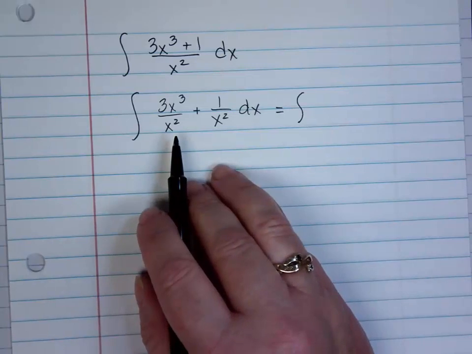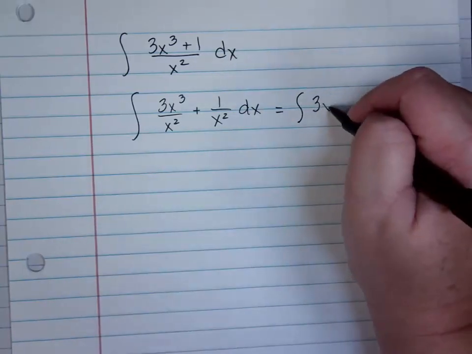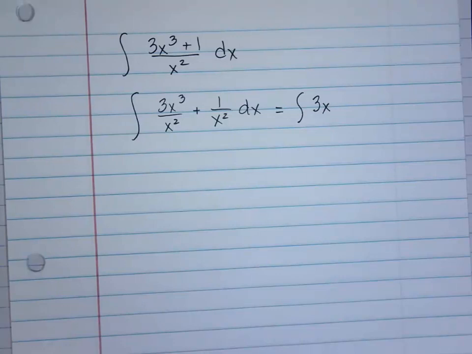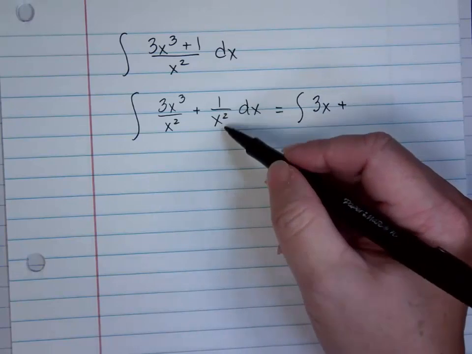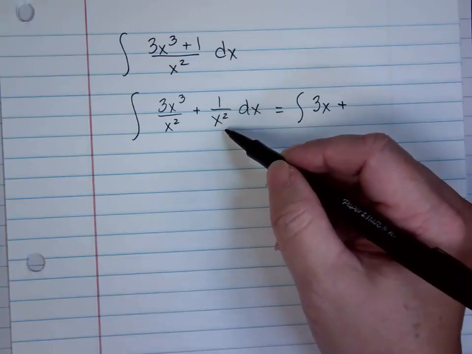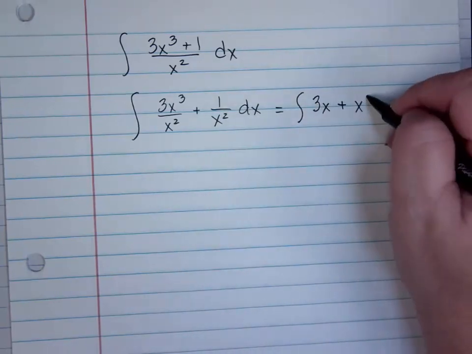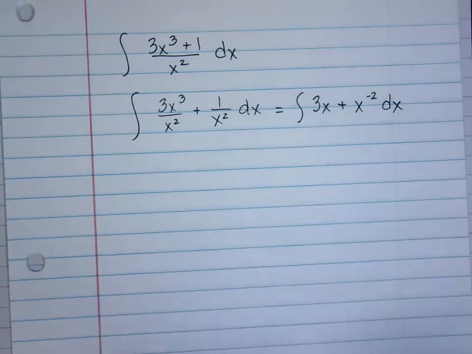Just 3x to the first, right? The exponents subtract, plus, I have to take the antiderivative of that, so I need to bring it up. x to the negative 2 dx. Now we have individual things, don't need a U-sub, everything can be done with its own power rule problem.